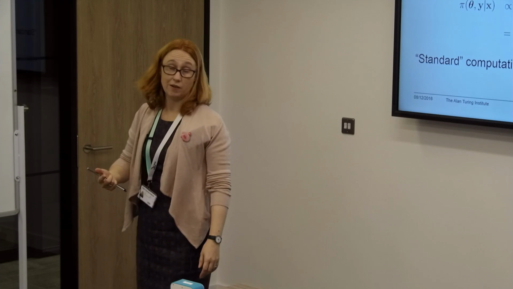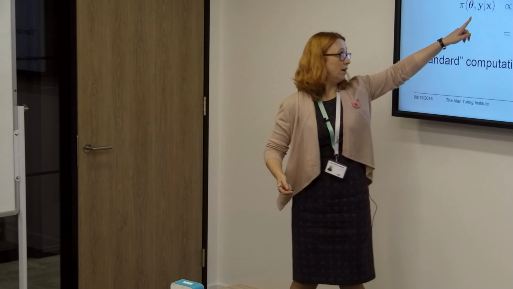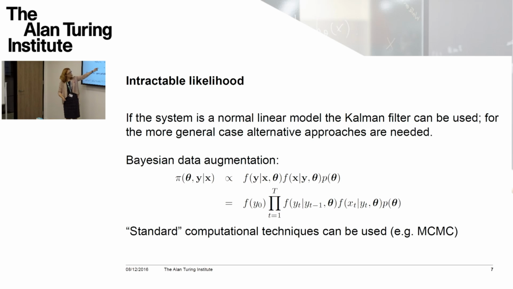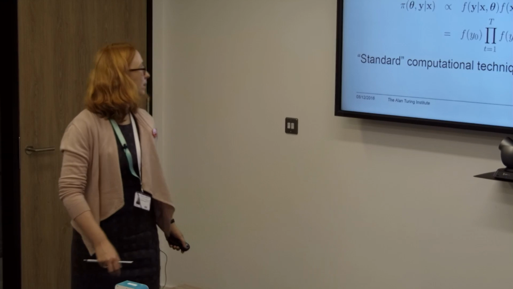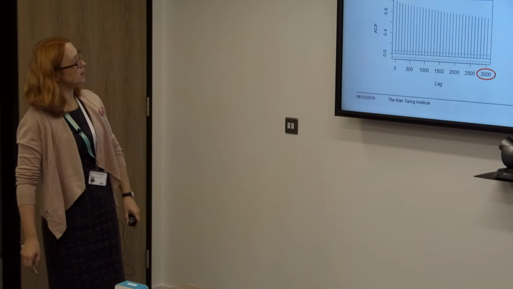We form the joint posterior distribution over the model parameters and the unknown states, given the data. Then we can write down the expression for this posterior distribution up to proportionality at least. And then we can do standard techniques for sampling from the joint posterior distribution and then marginalizing in order to just get a sample from the posterior distribution for the parameters theta. And we can do that using standard MCMC. So that should be nice and straightforward, but we'll see that's not always the case, because this happens.